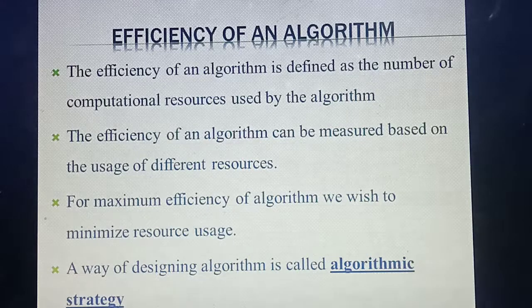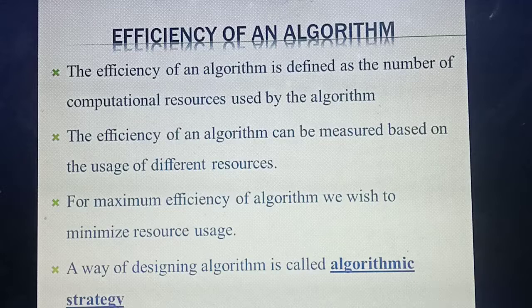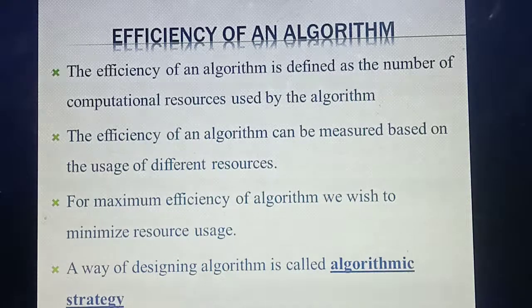So, for example, your computer is connected to a printer, a scanner, a projector, speaker, etc. A lot of devices. So efficiency of an algorithm means, all the devices are connected, but your need is only to print something.